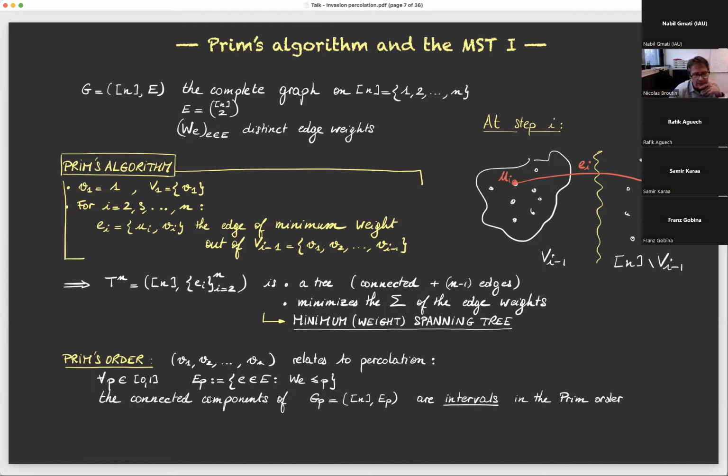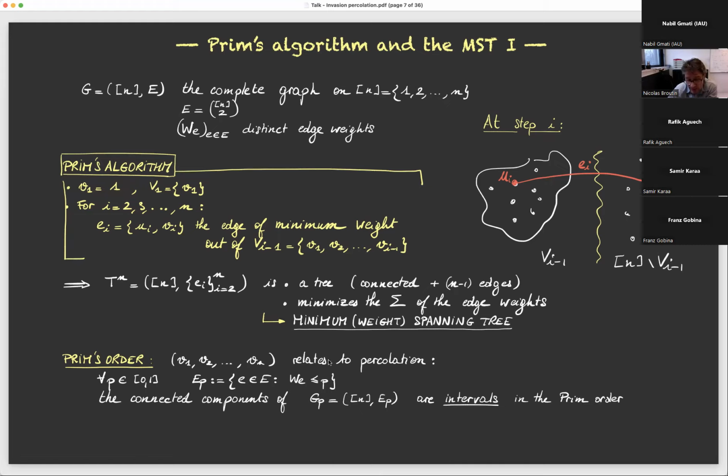But what's nice is that this order is consistent with percolation in the following sense. If I look at the graph GP, which consists of all the edges that have weight at most P, okay, then all the connected components in this order are intervals, okay?